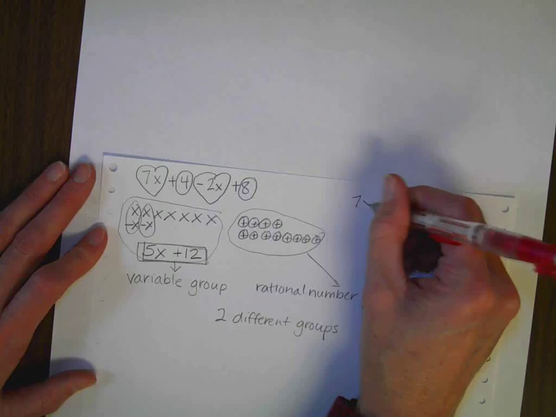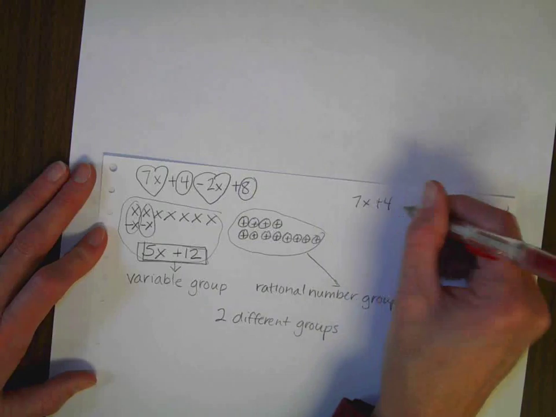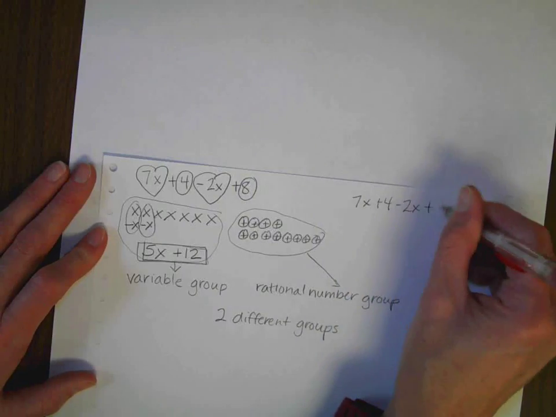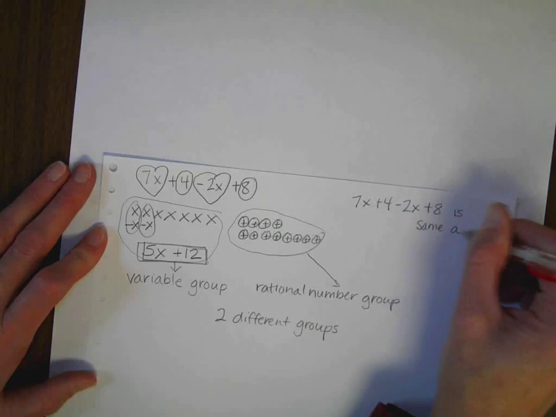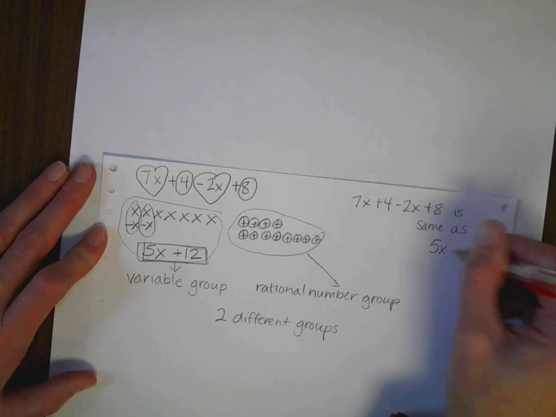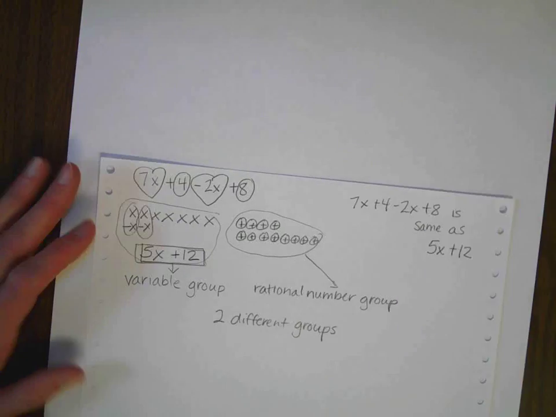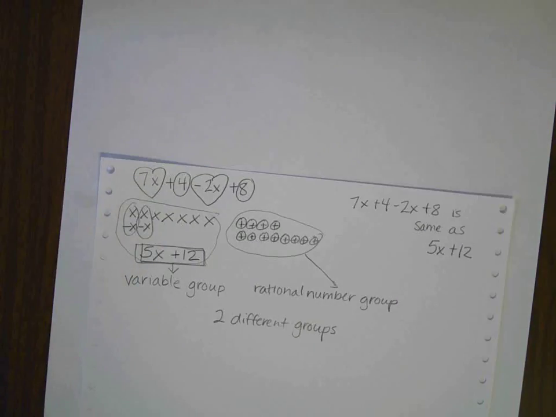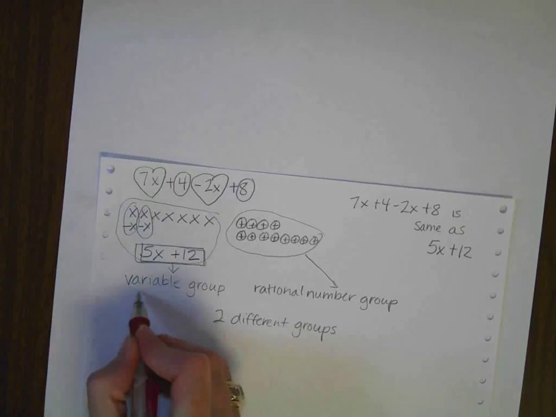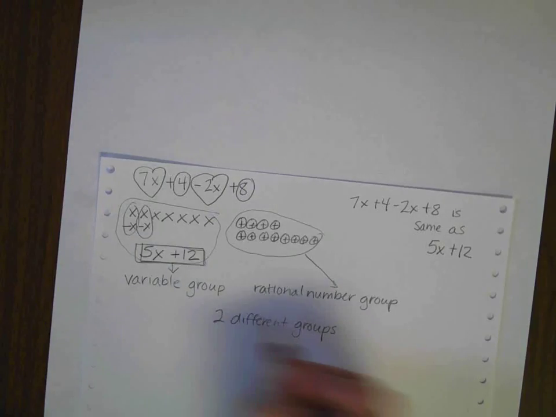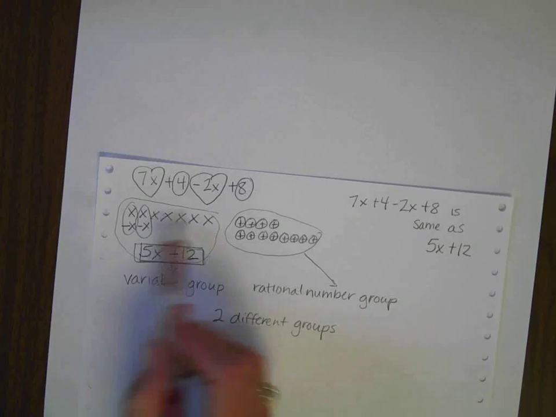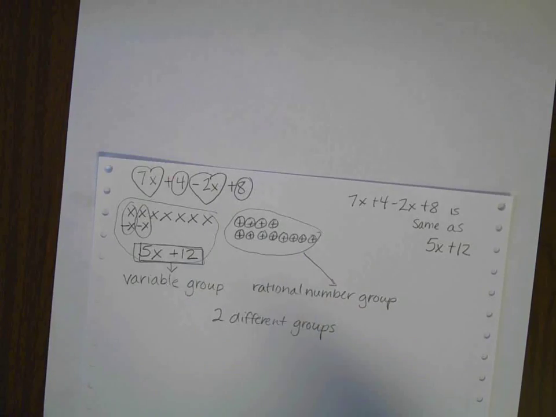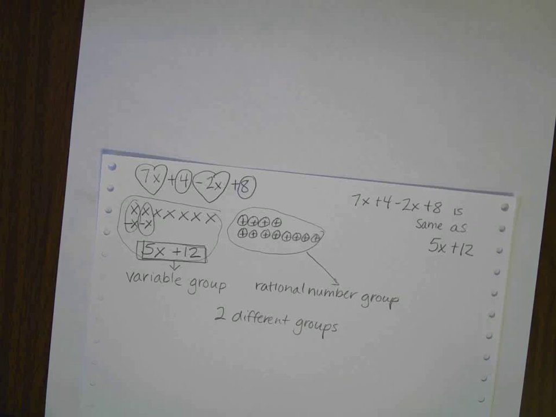Okay, so we now know that 7x plus 4 minus 2x plus 8 is the same as 5x plus 12. And that's what we're going to be doing in today's lesson. So you're going to be making your groups: variable group, rational number group, and then once you've identified your groups, you're going to put the stuff in them, and then you're going to simplify them down.